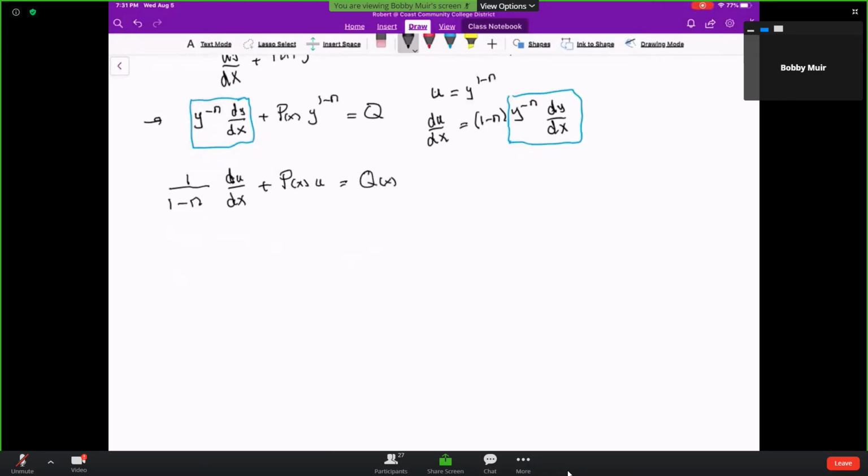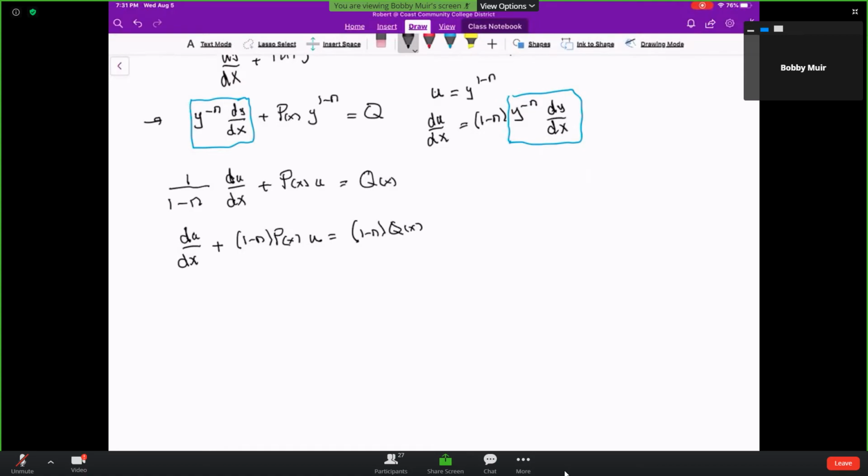So if I multiply through by 1 minus n, now remember, we wouldn't be doing this if n is equal to 1 because it would be separable. Du dx plus 1 minus n p of x times u equals 1 minus n times q of x.